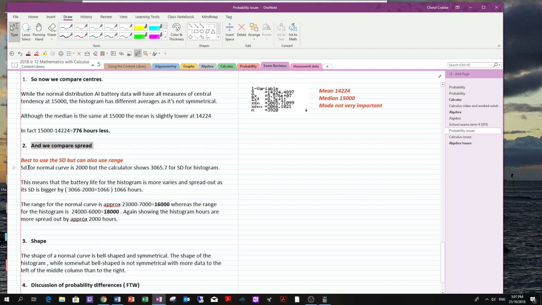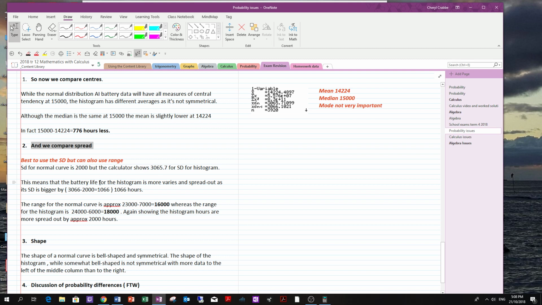So we know the standard deviation for the normal curve is 2,000. But for the histogram, the calculator shows us, when we did the calculations, 3065.7 for the standard deviation. Now, standard deviation is a measure of spread. It is the average distance that each piece of data is away from the mean.